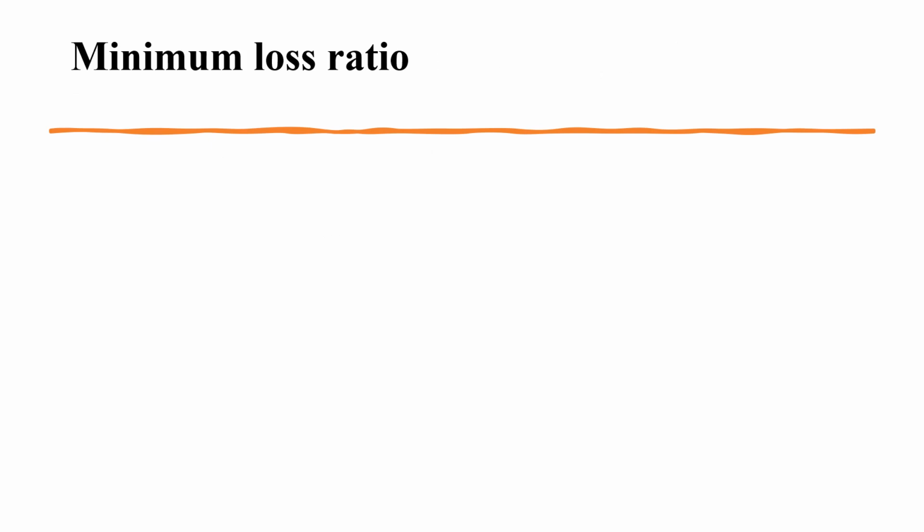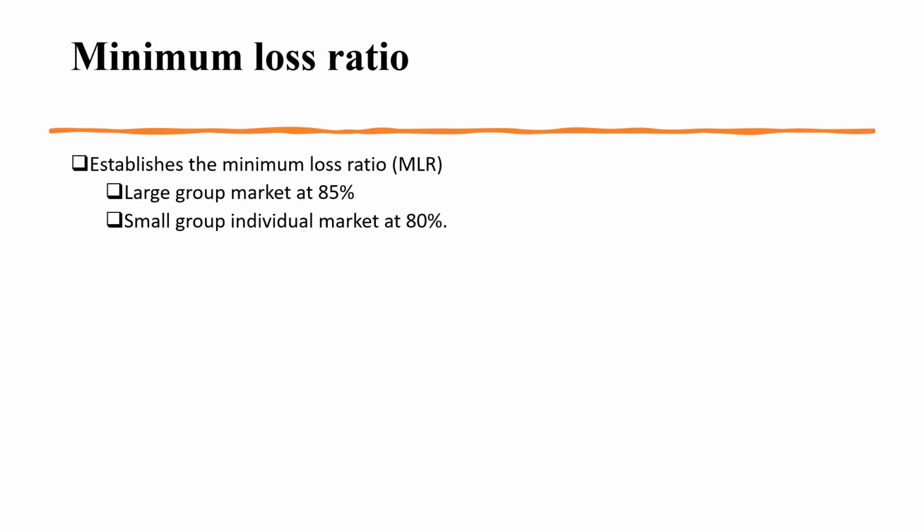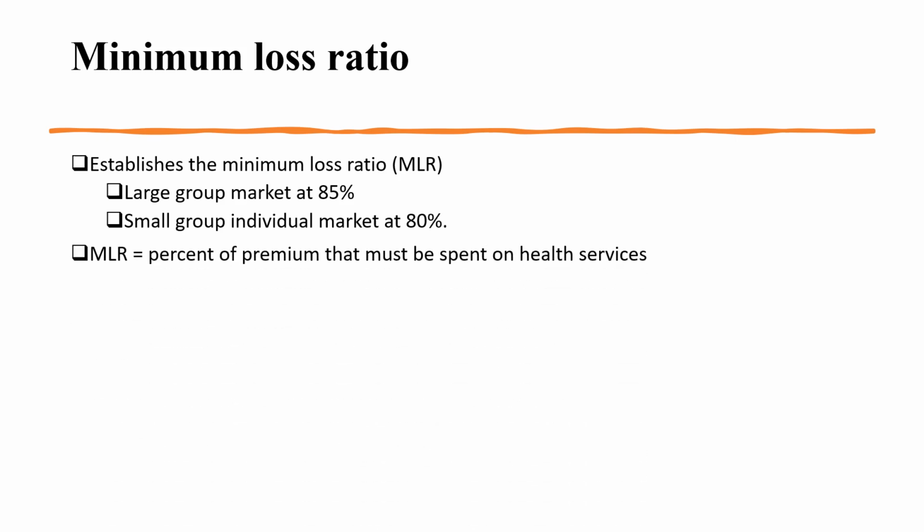Another thing that was implemented was the minimum loss ratio, or the MLR. What it says is that the health insurance company collecting the premiums has to spend a certain amount of the premium it collects on health services and quality.